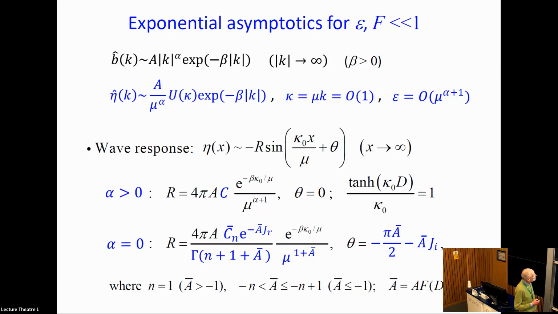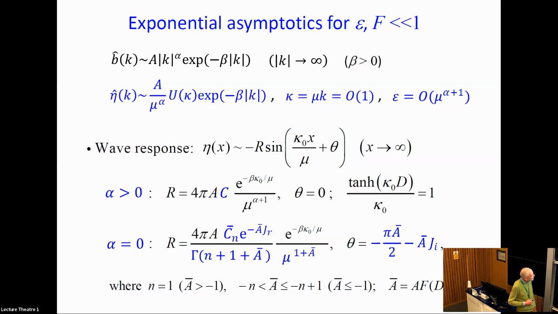The response over the free surface is written in the same way as a slowly varying amplitude here in the wave number domain, of course, a fast exponential, and this is the scaling of the nonlinearity with the wave effect, same as before. And the wave response, again, takes the same form as before. This kappa naught is actually the wave number scaled that comes from the usual steady wave dispersion relation.